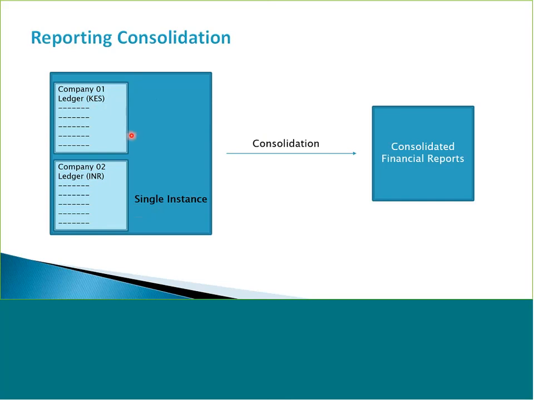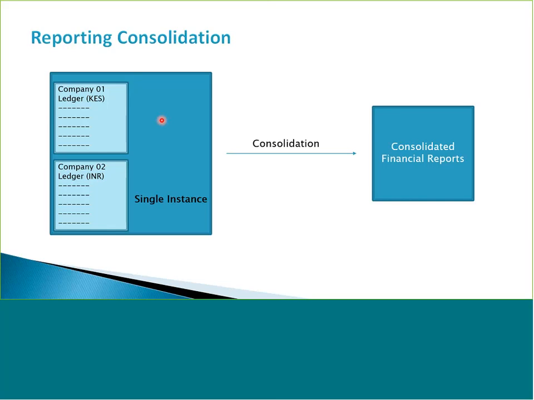The other case we have seen is that data transfer consolidation also allows you to do consolidation across instances, across installations of Oracle. And the last scenario is that data transfer consolidation will also allow you to do the data transfer across non-Oracle ERPs.